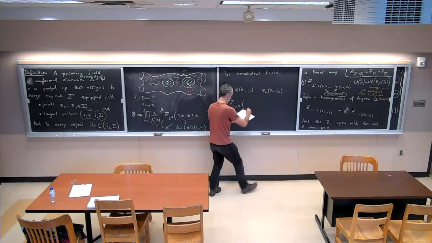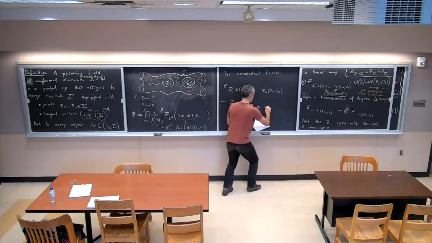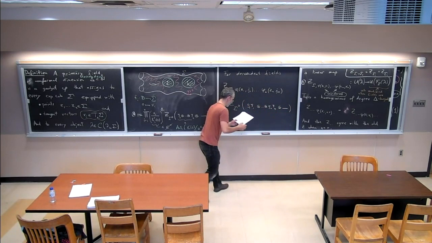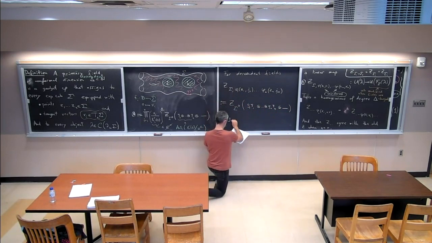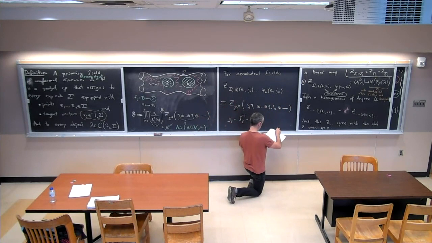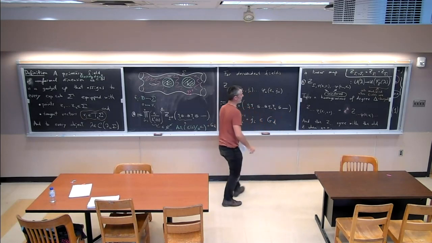And now you put G1, C1, tensor Gn, Cn, tensor dash, just like I had tensor dash here, where Gi is Fi inverse composed with Ji. And that's now an element of this group, let's call this G sub D.